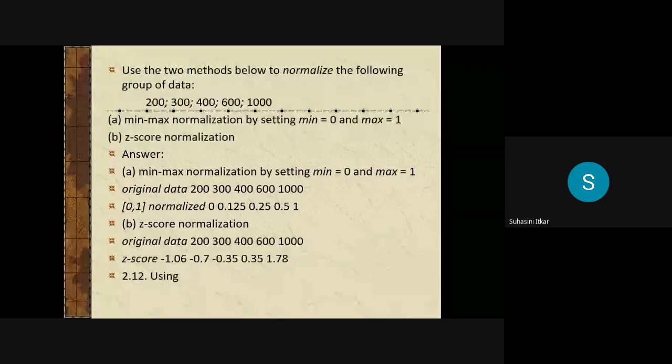Other students, what formula have you used for standard deviation calculation? Answers from others.